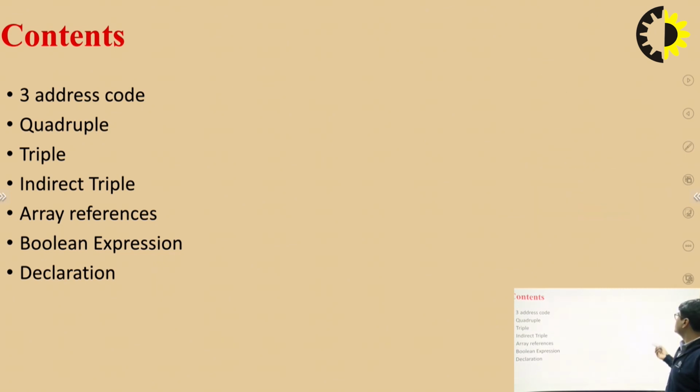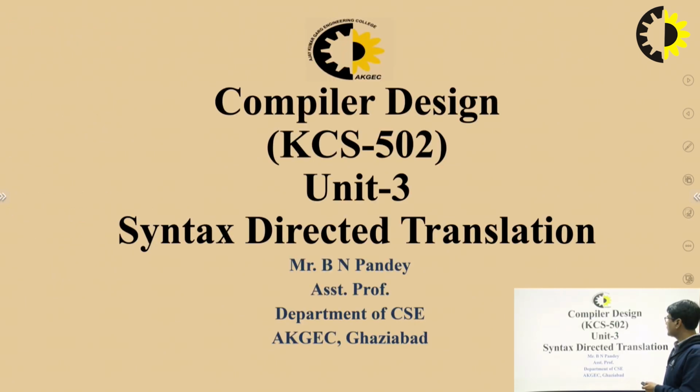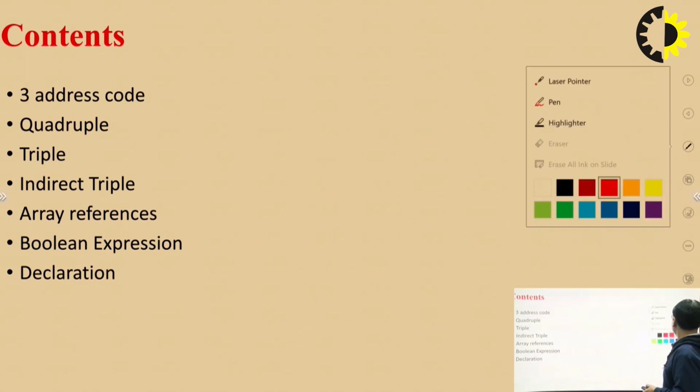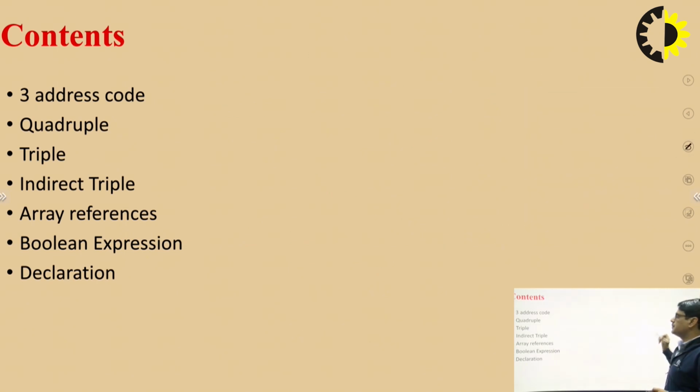The basic form of 3-address code is A = B operator C. That is basically 3 addresses: A is 1 address, B is 1 address, C is 1 address, and there is 1 operator.